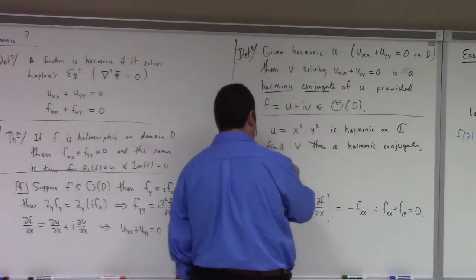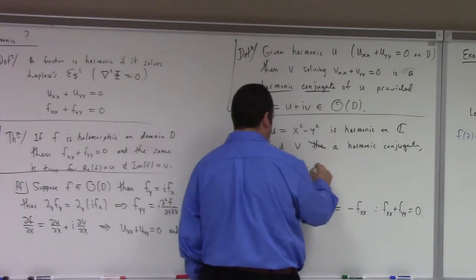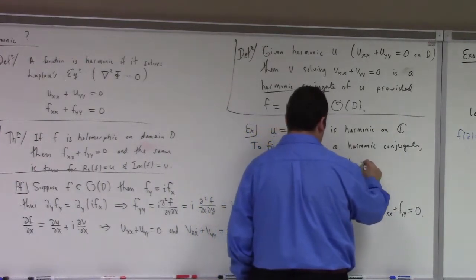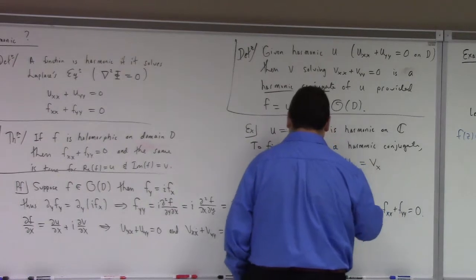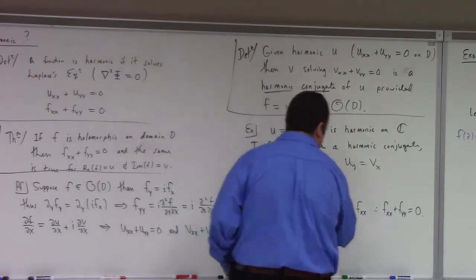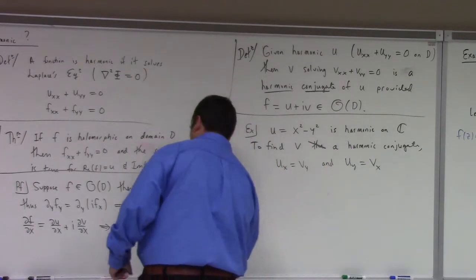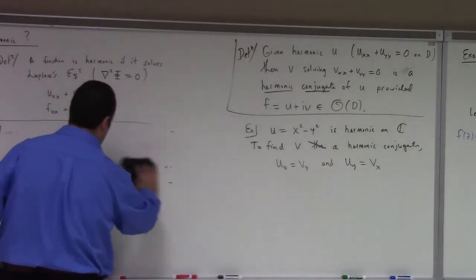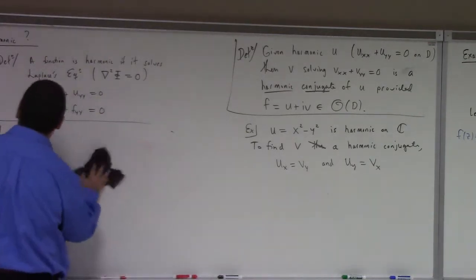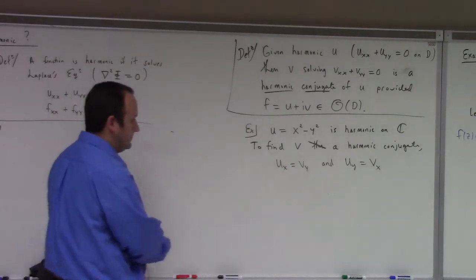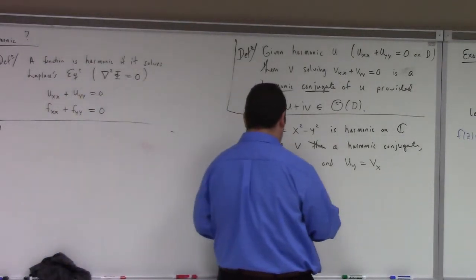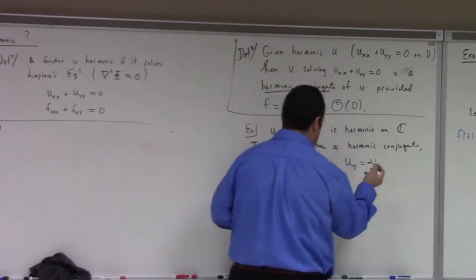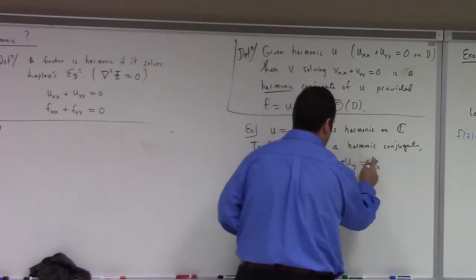we would need to solve ux equals vy, and also uy equals vx. That's not quite right. You guys tell me what's wrong about it. Right, so I need to put a minus in there somewhere. Which one was it? This one, right? Or let's put it over here, because the u's are given.